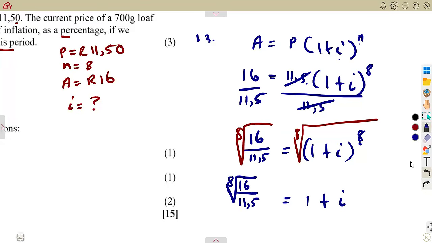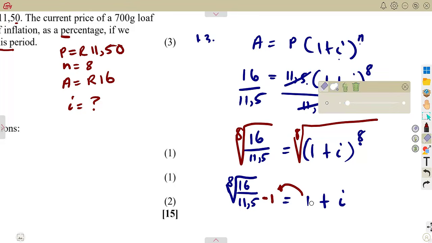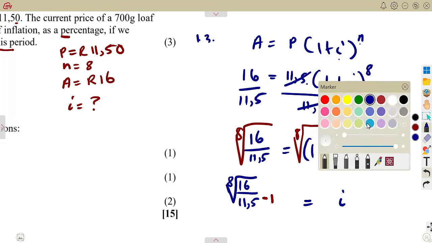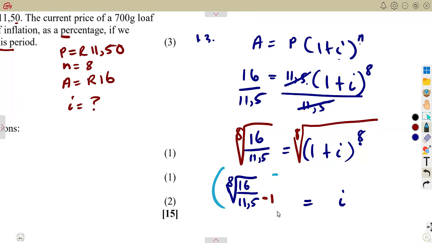So how can we determine this i in this case? We can simply take this 1 to the other side, and it becomes a minus 1. Thus, we are going to determine the value of i. But as we understand, this i represents the rate, which is a percentage.